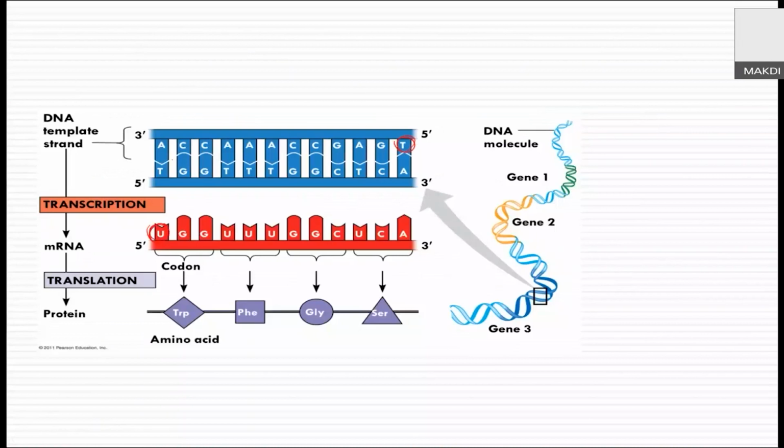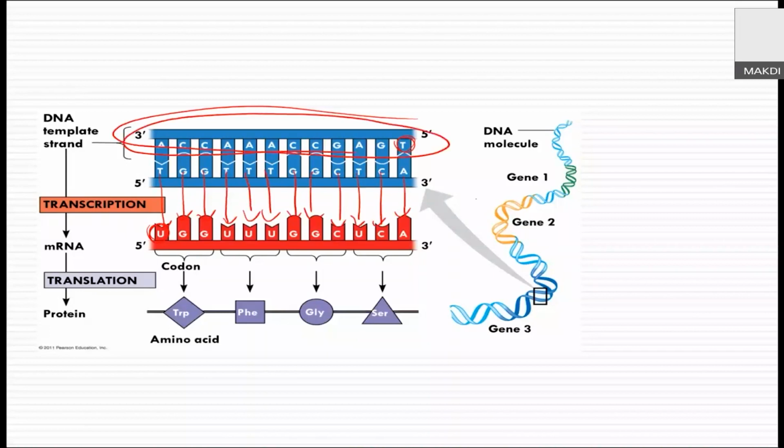Jadi kalau T tadi dia replace jadi U lah. G, T jadi U, T jadi U. G, C jadi U, C, A. So template dia is this one. But this one is complementary to this one. Yang ini bukan template nih.